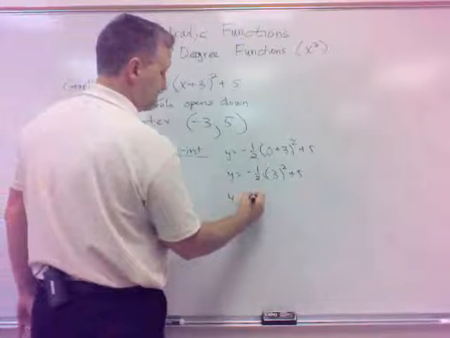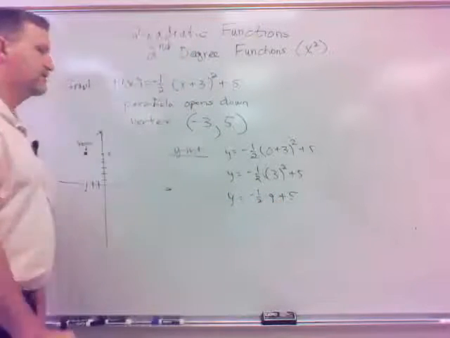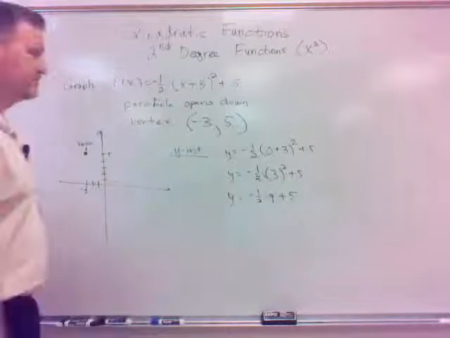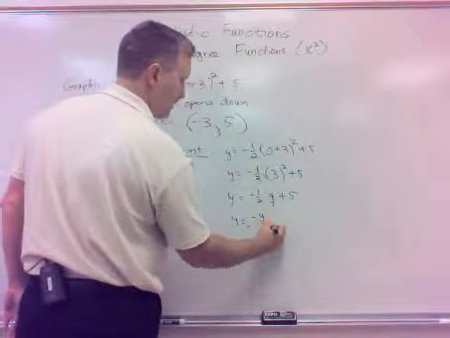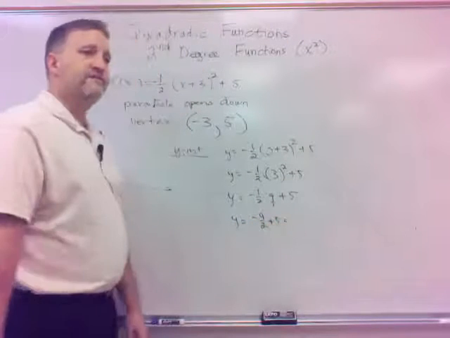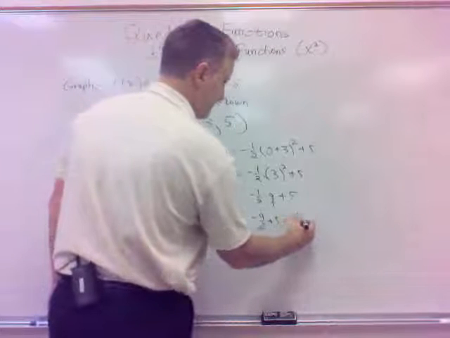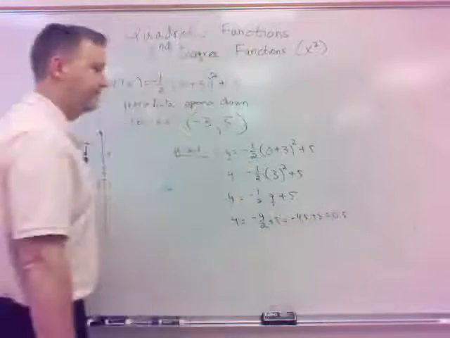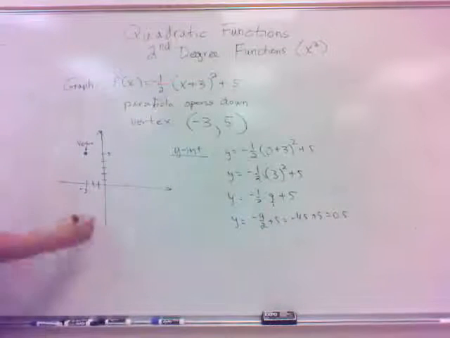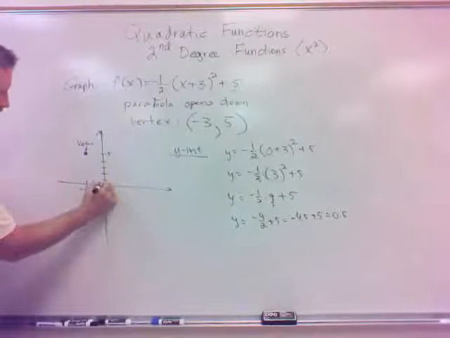So that would be negative 1/2 times 9 plus 5, which is negative 9/2 plus 5. Negative 9/2 is negative 4.5 plus 5, which is 0.5, isn't it? 0.5 is the y-intercept? I do believe so. Positive 0.5.